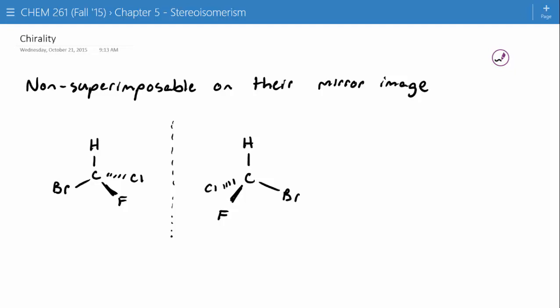Are these the same molecules? They look the same, just like our left hand looks like our right hand. But if you spin it around, they don't overlap perfectly if you try to superimpose them. So in this case, they're non-superimposable mirror images, which means that it's chiral.